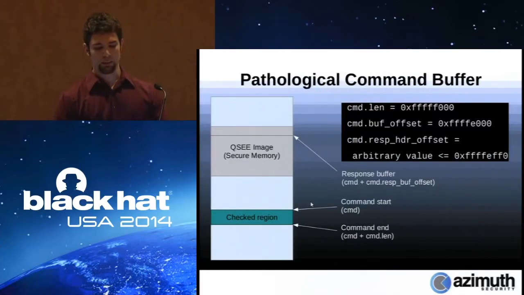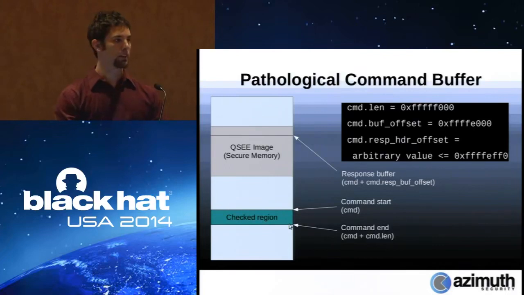So in this example, say that this region here is the actual QSEE image, which is secure memory. It's considered protected. Now, we can place our command start perhaps over here, and then provide an extremely large command length such that the sum of the address of the command and command length wraps all the way around and ends up here.